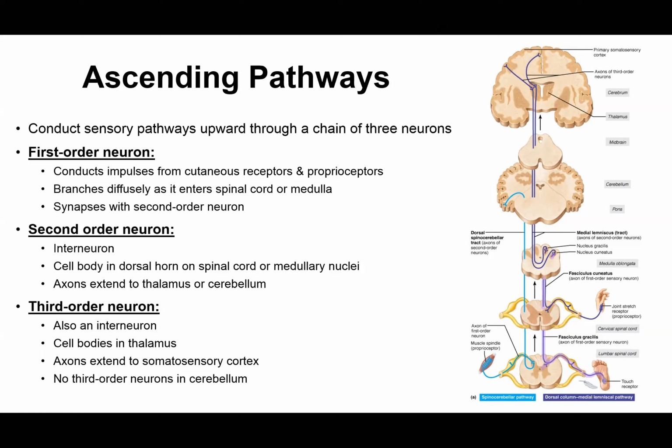If you had a hard time following that, I'm now going to draw it in a thicker outline here. We have touch receptors. I'm going to draw it in red. Touch receptors bring the information into the spinal cord.